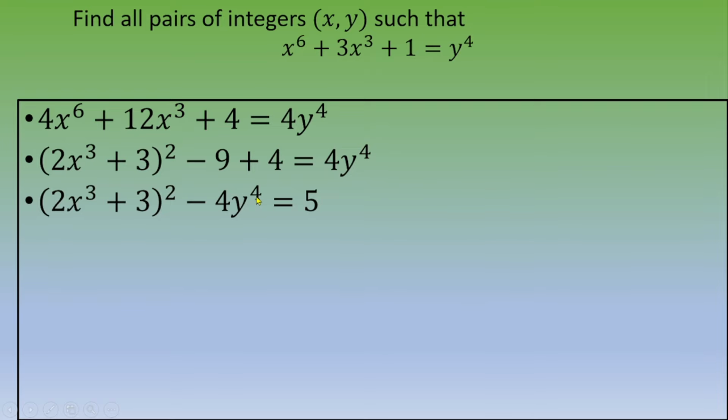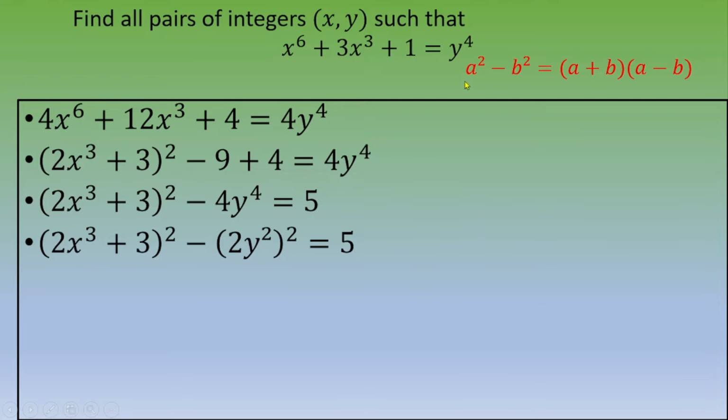Then you transform this quantity into a square. So this is 2y squared squared. Then you've got one squared minus another squared, so you use this power rule: a squared minus b squared equals a plus b times a minus b.